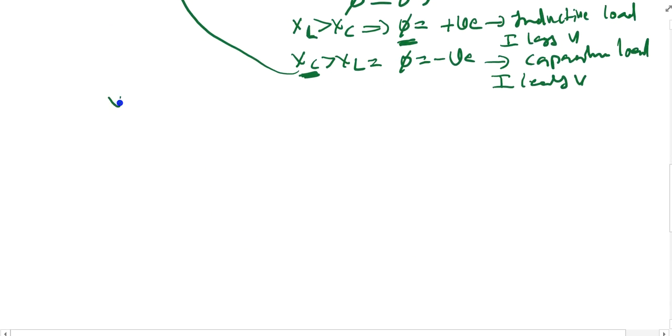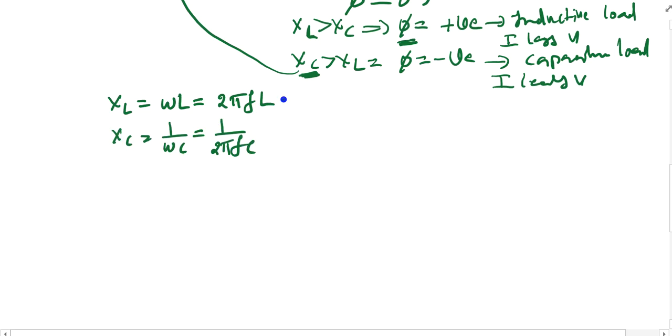We also know XL is equal to omega L, or 2 pi f L, and XC is nothing but 1 by omega C, which is 1 by 2 pi f C. It means XL is directly proportional to the frequency, whereas XC is inversely proportional to the frequency. That is the meaning of XL and XC in terms of this.